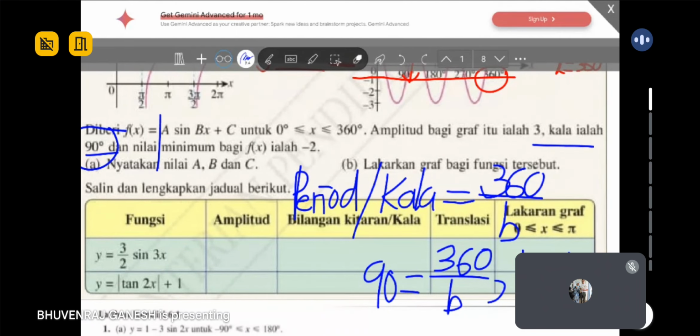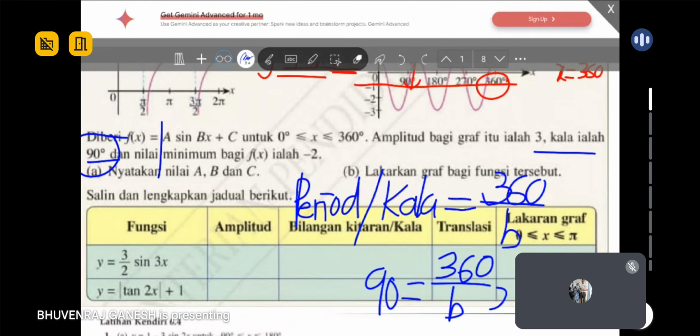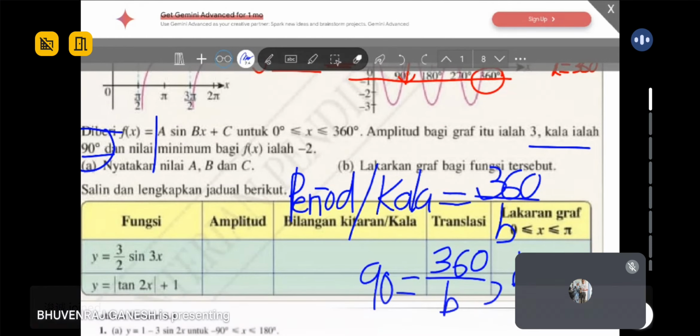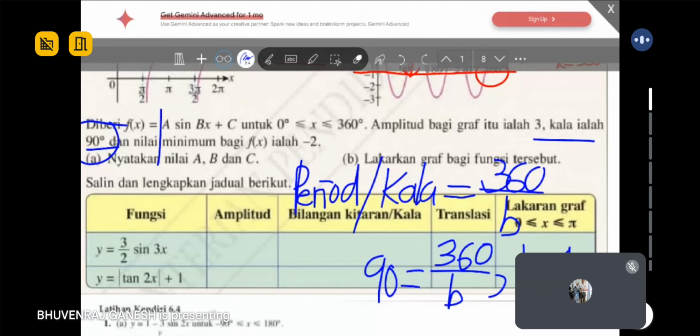Okay, jumlah sudut untuk satu kitaran lengkap selalunya 360. Bahagi B. B is your number of cycle. Bilangan kitaran lengkap. Okay, so that's how you can get period. Okay, alright. So now, what is your C value guys? Cuba bagi tahu saya. What is your C answer?